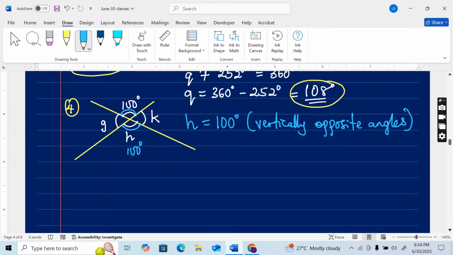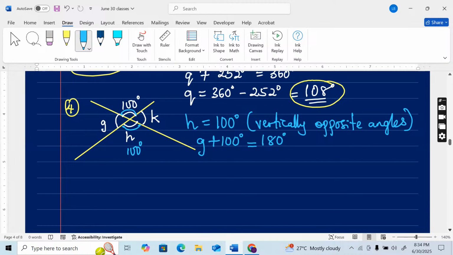Now, how do we find angle G? Now, G and 100 degrees are on a straight line. So sum of angles on a straight line is equal to 180 degrees.